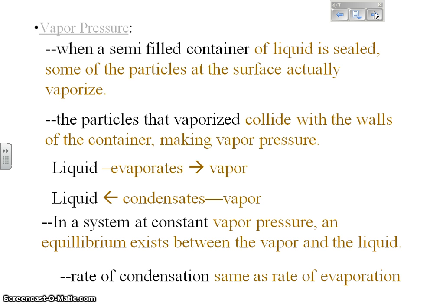The rate of condensation at that point is the same as the rate of evaporation, and that is what takes place with the vapor pressure. So liquid is evaporating into a vapor, and that vapor condenses back into a liquid. This takes place at a constant pressure, and that is equilibrium. In other words, it's taking place at the same rate.